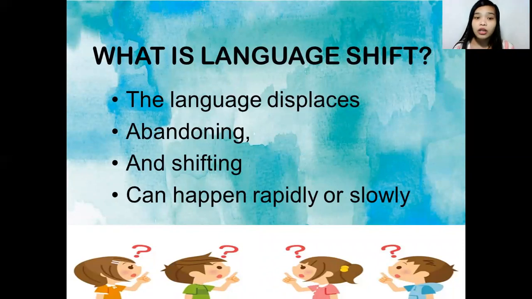To sum it all up, language shift is when the language is not usually used anymore. You use a language, but you learn a new language, so you shift to use that for betterment, for better communication with the people you are communicating with, or to communicate with the community itself.